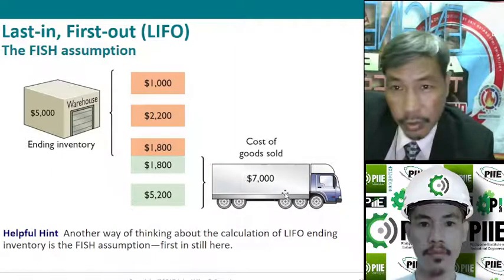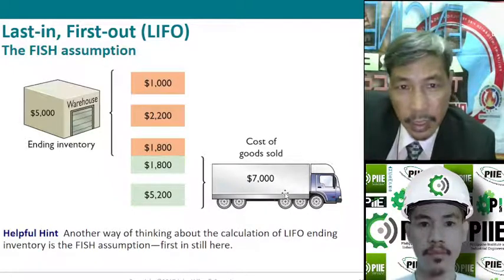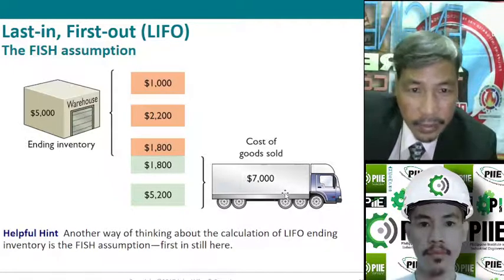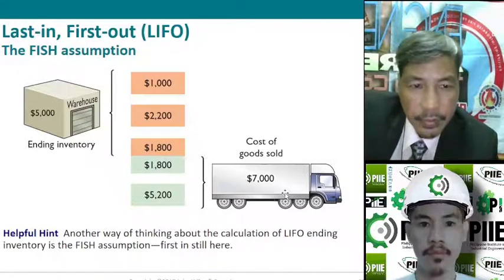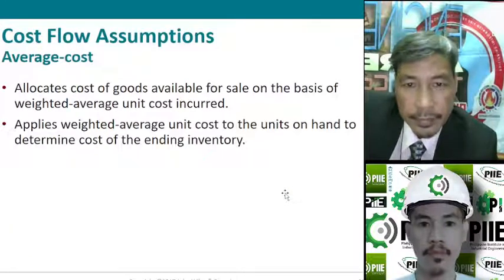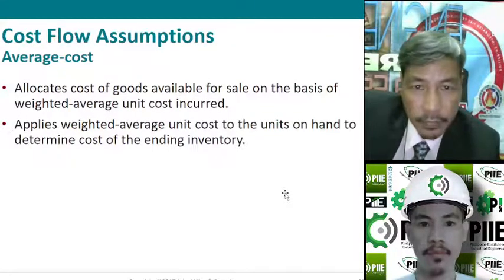FIFO is first in, first out. LIFO is last in, first out. Cost flow assumption, average cost, is the fourth method.